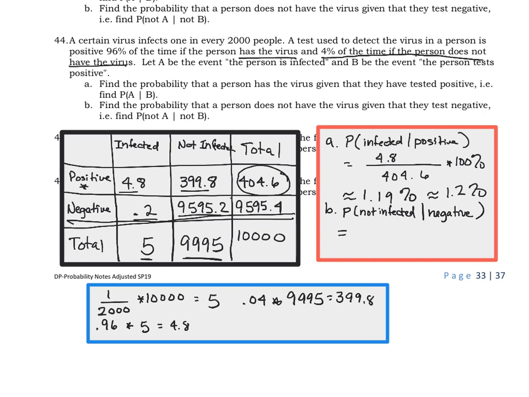I want the ratio of the people not infected over the total people who tested negative. So 9,595 2/10 over 9,595 and 4/10. If you have any number sense, I think you're going to figure out we will have to go out a few more decimal places for it to not round up to 100%. So we're going to end up with 99.998%, or 998 thousandths of a percent.